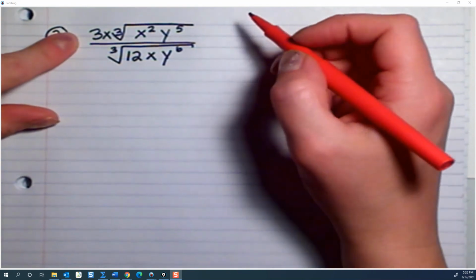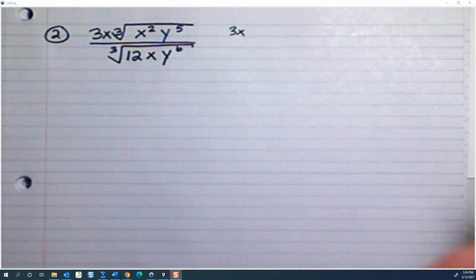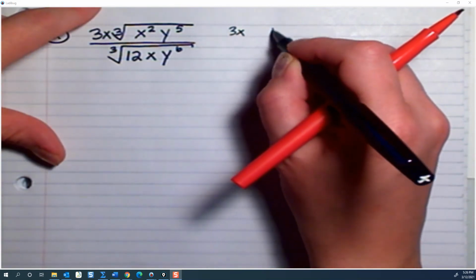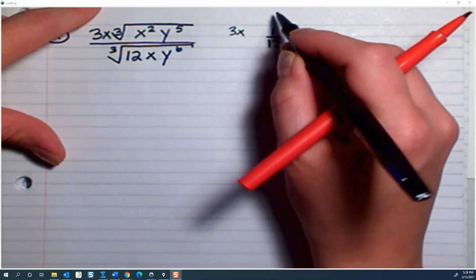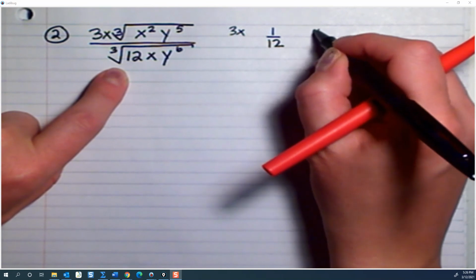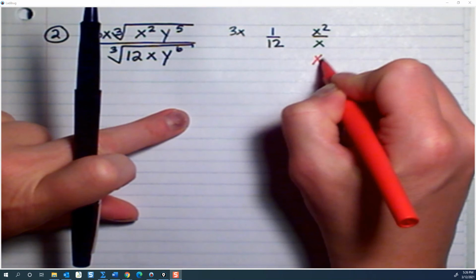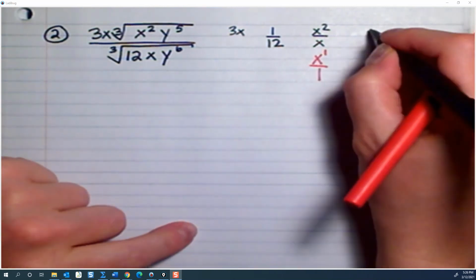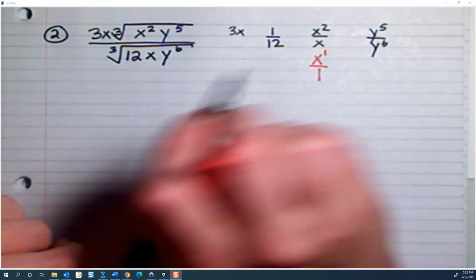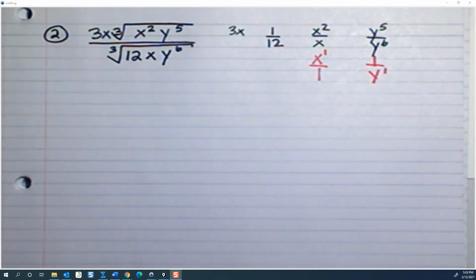Now, the only thing that I see here is I have a 3x outside the radical. Nothing can happen. I have a 1 over 12 inside the radical. So nothing can happen there. I have x squared over x, and yes, something can happen there. And then I have y to the 5th over y to the 6th, and that simplifies to this.